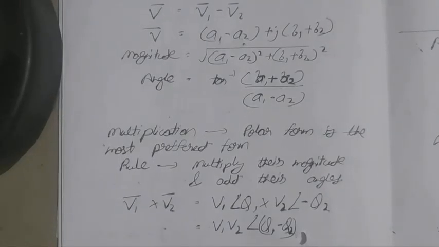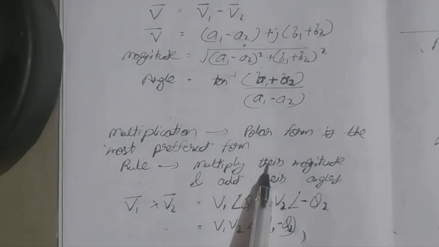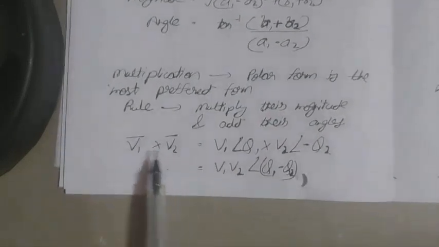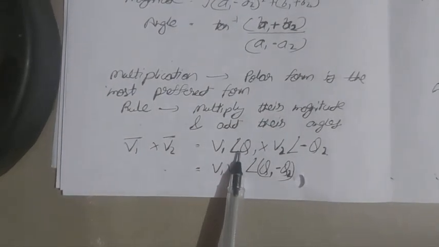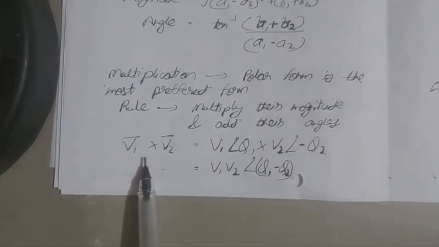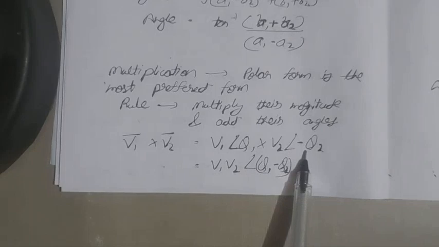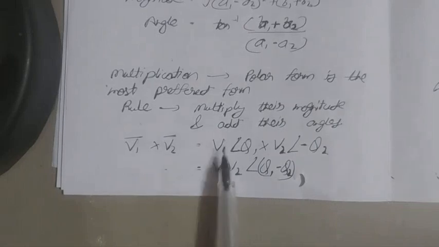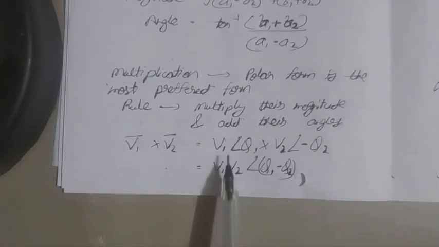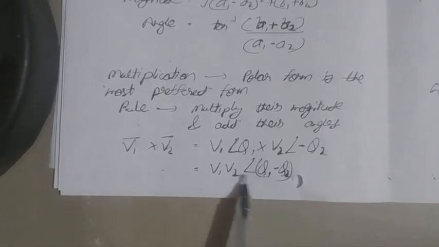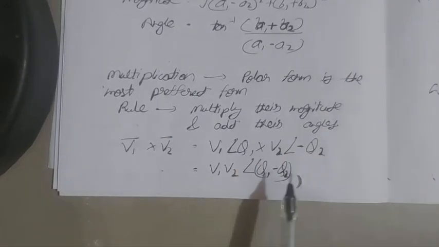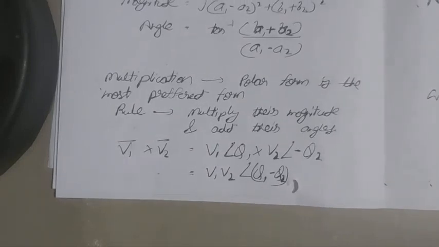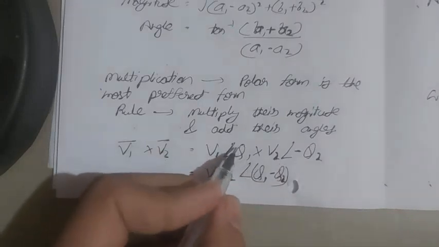So rule for multiplication of phasors: multiply their magnitudes and add their angles. हम जानते हैं कि पोलर फॉर्म को इस तरह से लिखा जाता है, जैसे V1 बार के लिए V1 एंगल θ1 इंटू V2 बार के लिए V2 एंगल माइनस θ2. So multiply the magnitudes, which means V1 into V2, here we write, and add the angles, which means θ1 plus minus θ2, which means θ1 minus θ2.